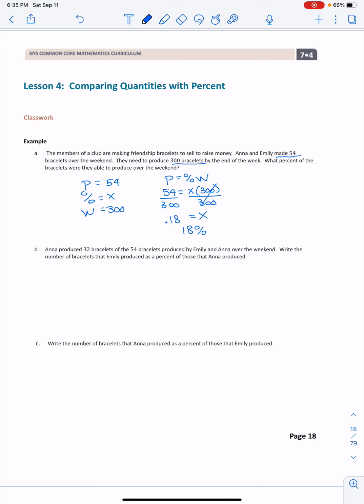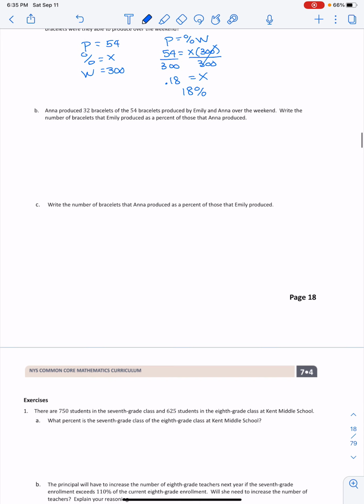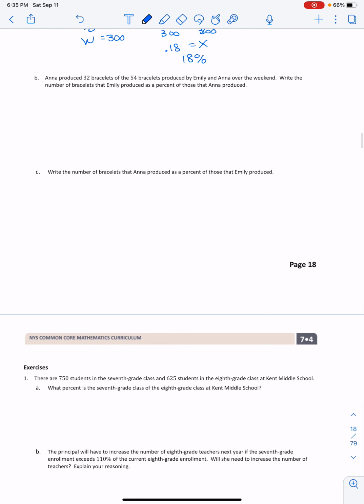So now it says for B, Anna produced 32 bracelets of the 54 bracelets produced by Emily and Anna over the weekend. Write the number of bracelets that Emily produced as a percent of those that Anna produced.